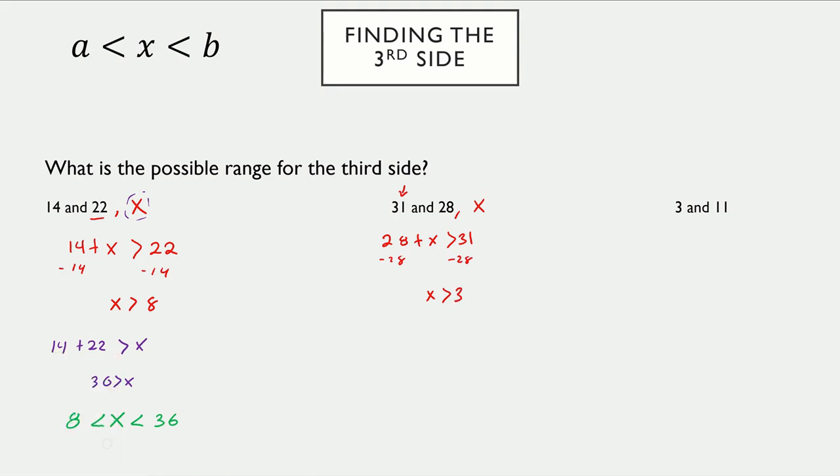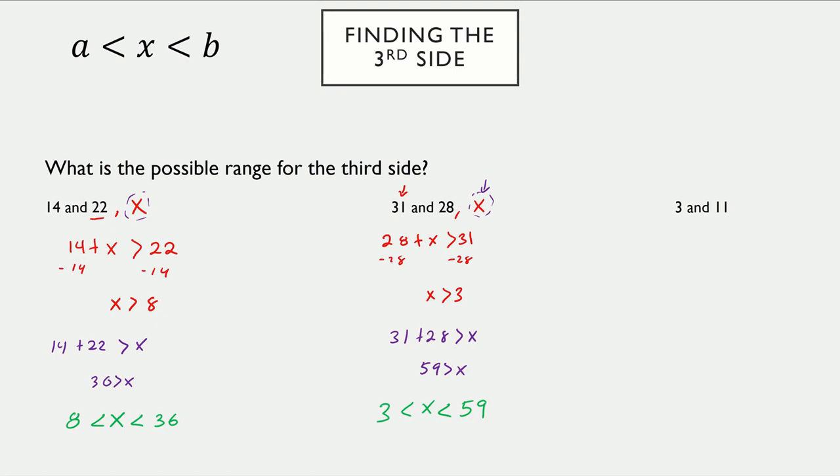The second scenario is, well, what if x is instead my larger side? Well, if x is my larger side, that means that 31 plus 28 have to be greater than x. And so if I solve for x that way, I simply add these two, and I get 59. And so here's my range for x. x has to be greater than 3, but less than 59, right?